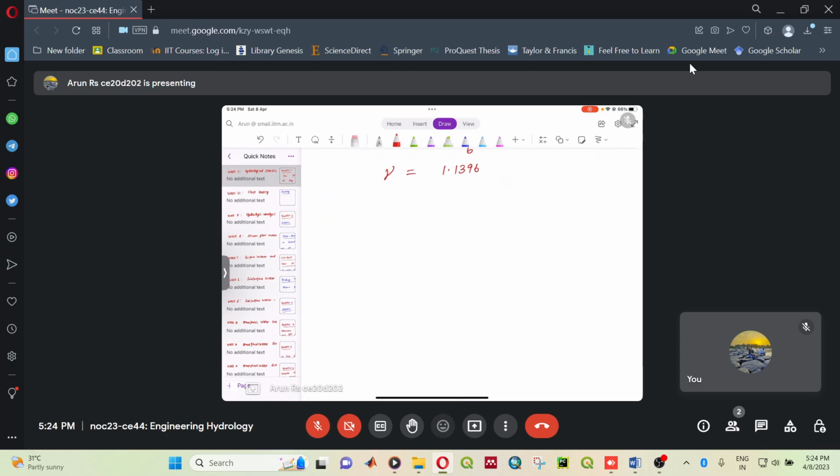Now there is also one more thing which you need to know. This will be used to find out the value of different annual maxima, that is the inverse CDF. It is also called the quantile function.